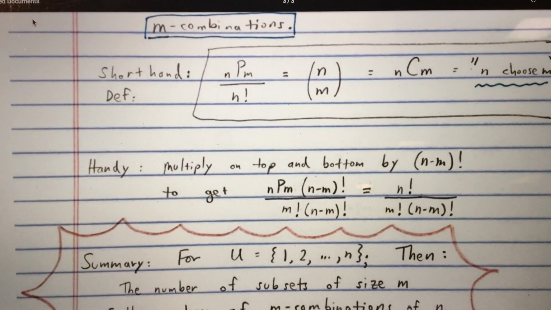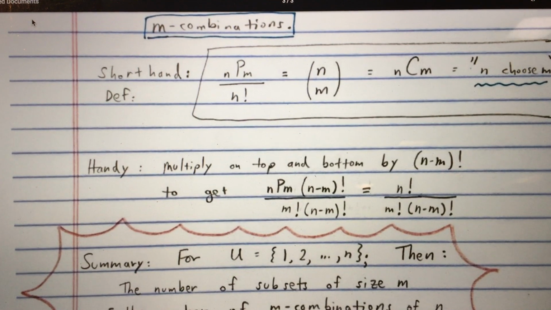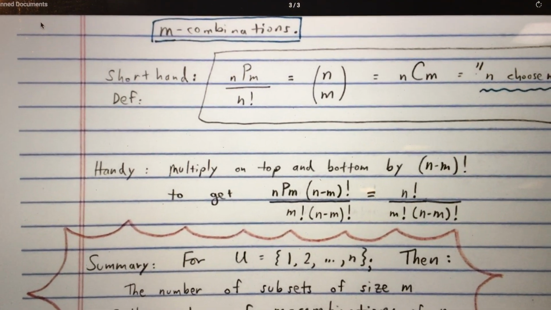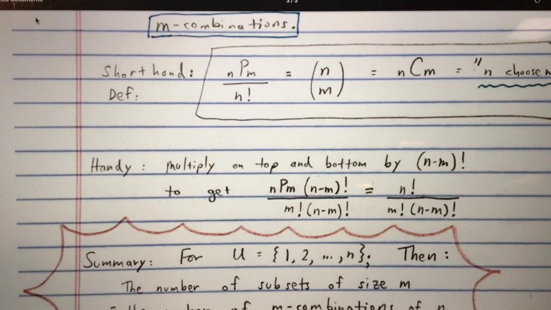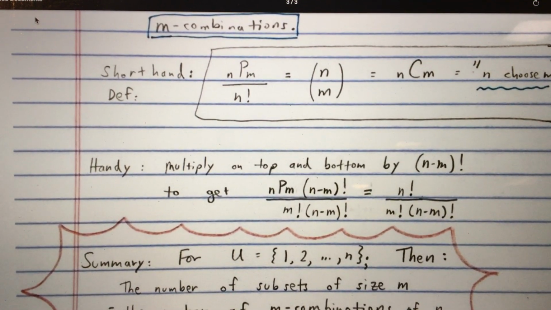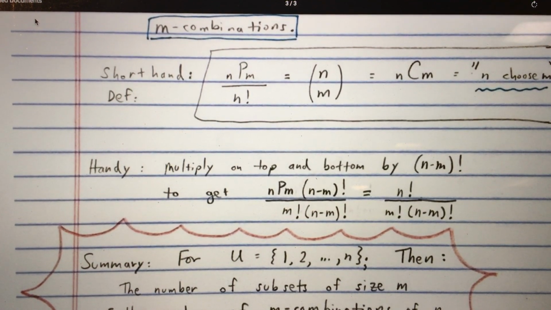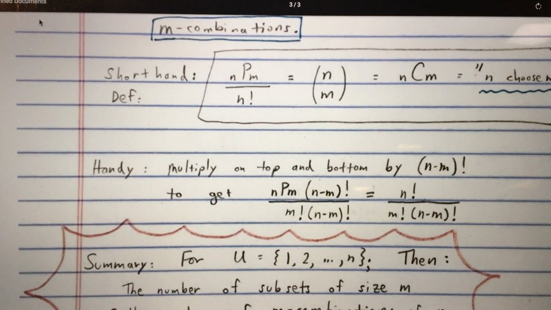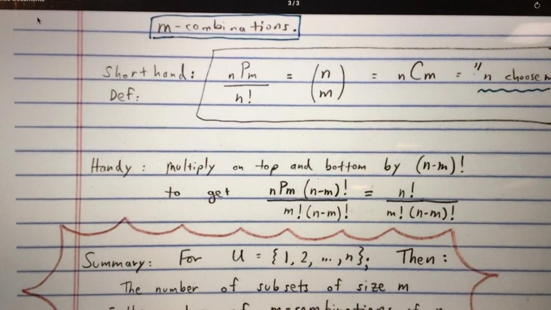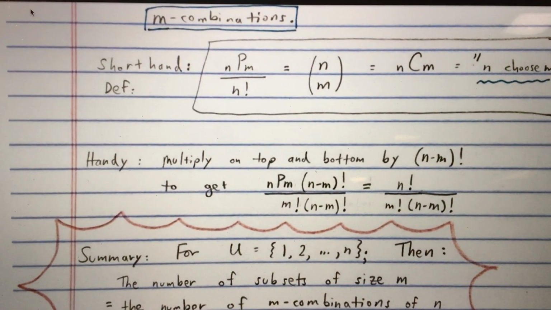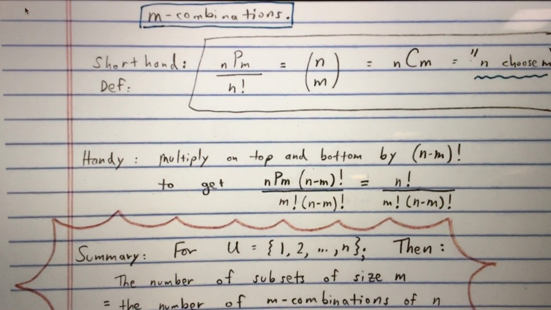I just rewrite what I had, m factorial times n minus m factorial. But on the top it simplifies, because nPm, if you recall above, multiplied from n all the way down to n minus m plus 1, but then n minus m factorial starts again multiplying with 1 less than that all the way down to 1. So together that's all just n factorial.